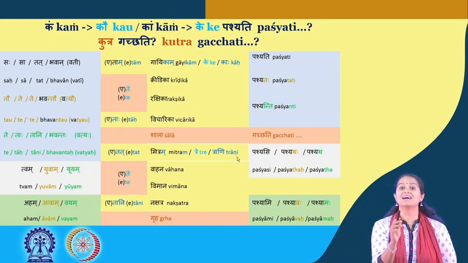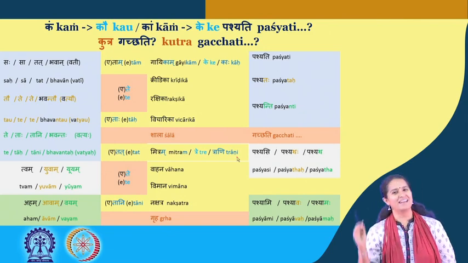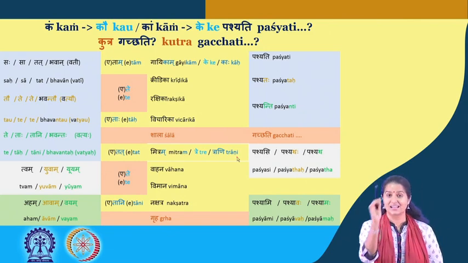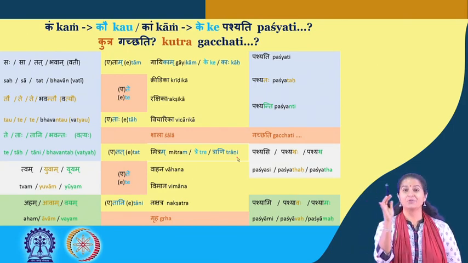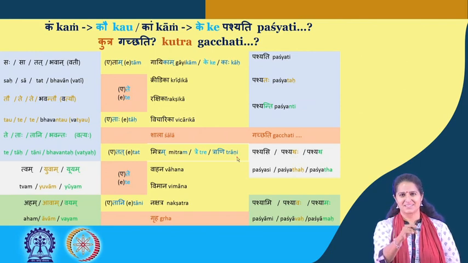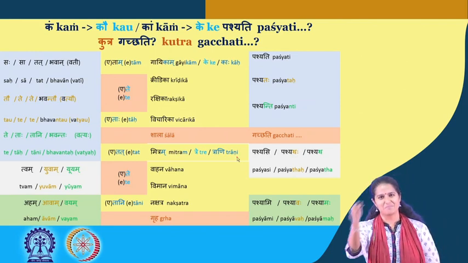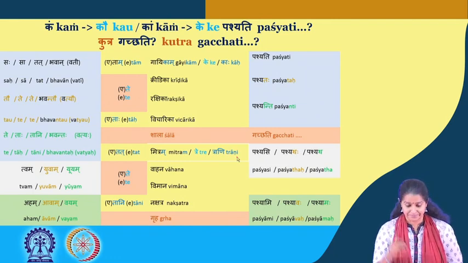Uttamam. Next, saha tat vimanam pashyati, te vimane pashyati. Uttamam. Saha tat nakshatram pashyati, te nakshatre pashyati. Uttamam. Saha tat griham pashyati, saha te grihe pashyati. Uttamam. Now let's play the game here.